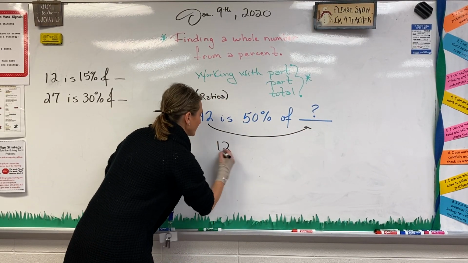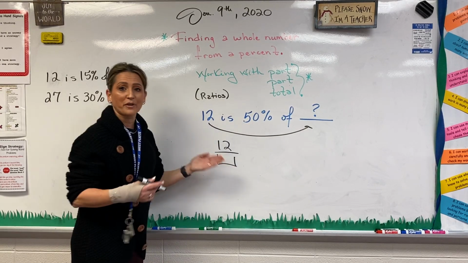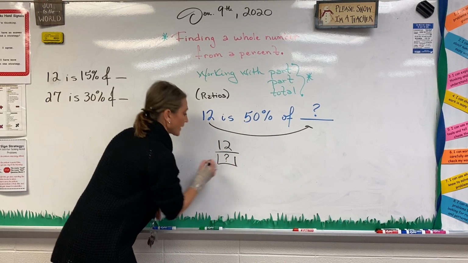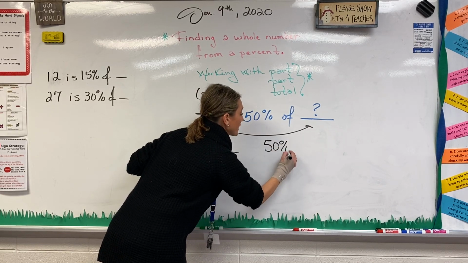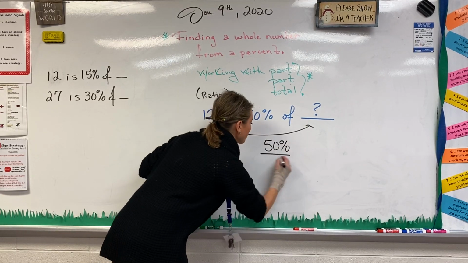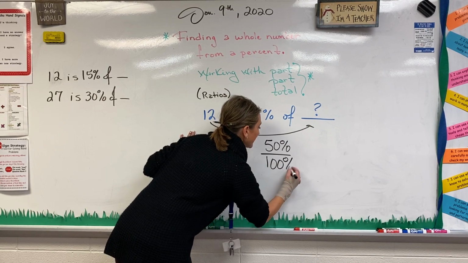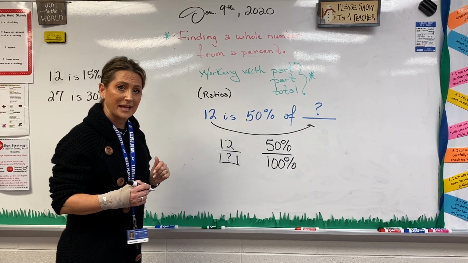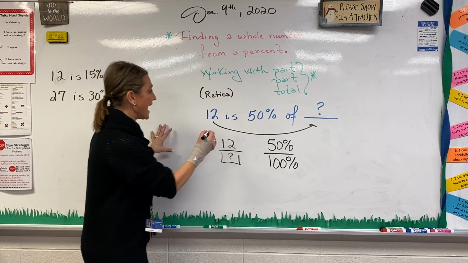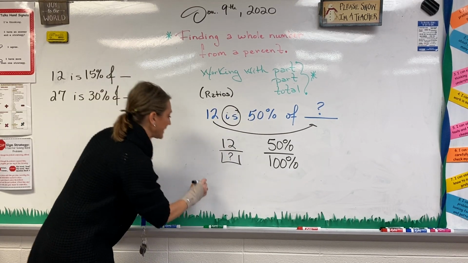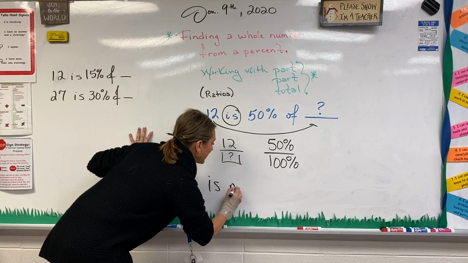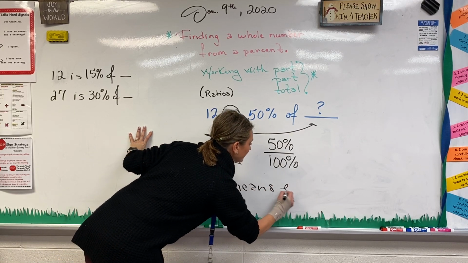So 12 is part of a number that I do not know. And 50% is part of a number that I do know. 50% is 50% out of 100%. And then it says this lovely word right here, and in our mathematics, is means equal.